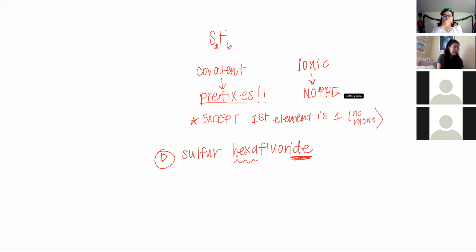Okay. Number 16. I keep forgetting to number them. Which of the following is a proper chemical formula or chemical name? So it looks like we're going to have to check which ones are written appropriately and which ones aren't. For the first choice, we have KNO3.